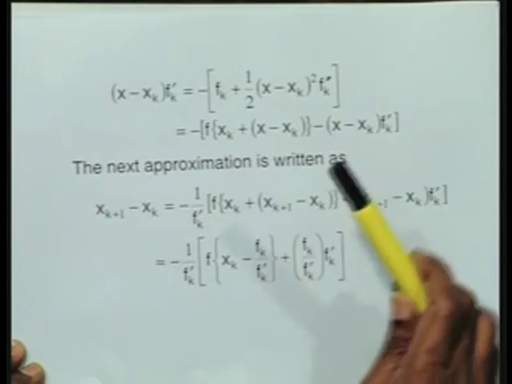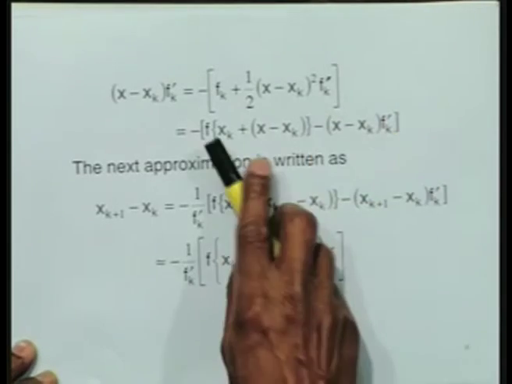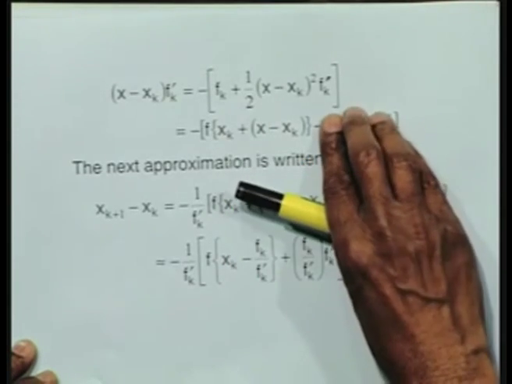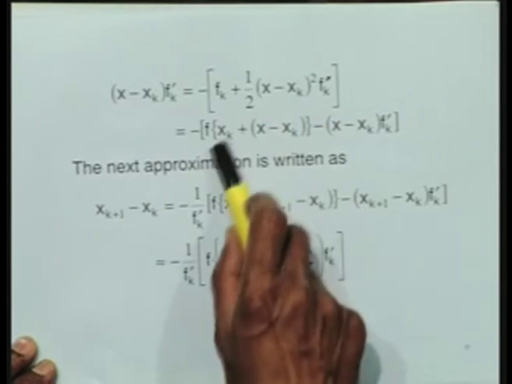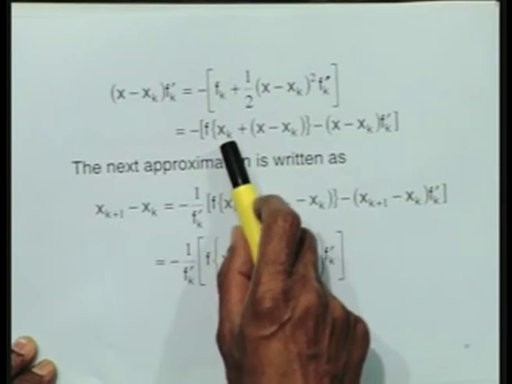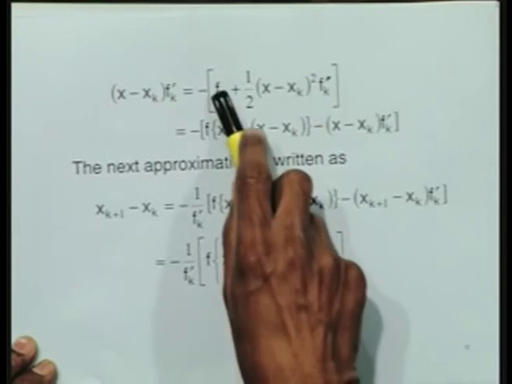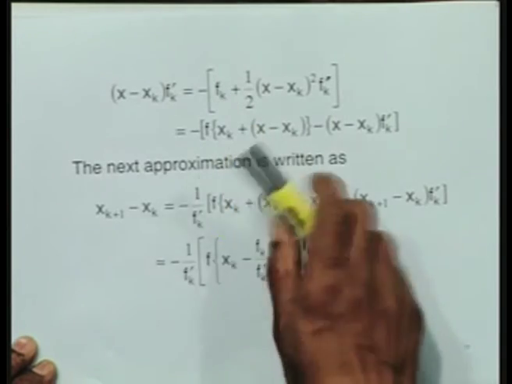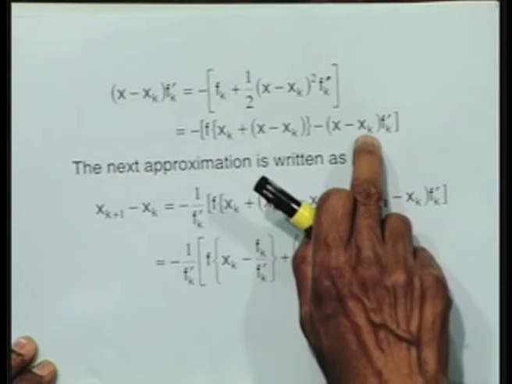What I would write here is, let us forget for this moment, let us take this f of xk plus x minus xk. Now xk cancels, it is simply manipulation. So if I open it up, what does it give you? F at xk plus x minus xk f prime of xk, which I have subtracted.